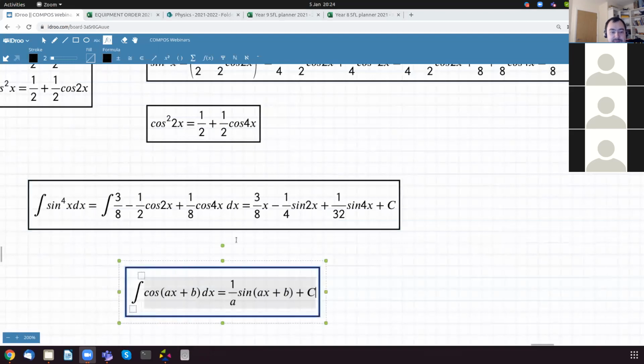So I'm using this fact here. That's why 1/2 becomes a quarter and 1/8 becomes 1/32.